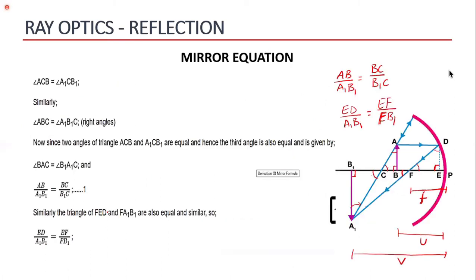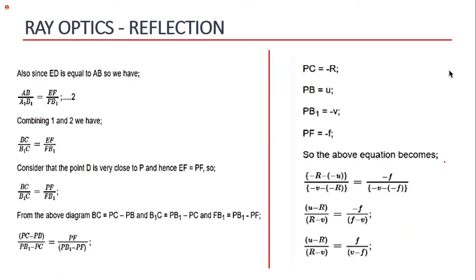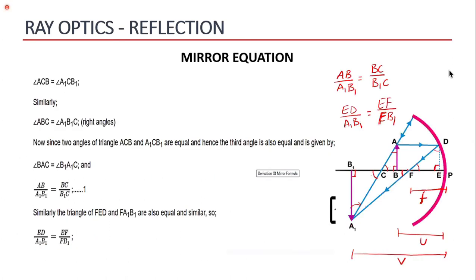Now see, this D and this E I will consider very close to the pole, because the distances are very minute, right? So my EF will become PF. Look at your diagram, EF will become PF.